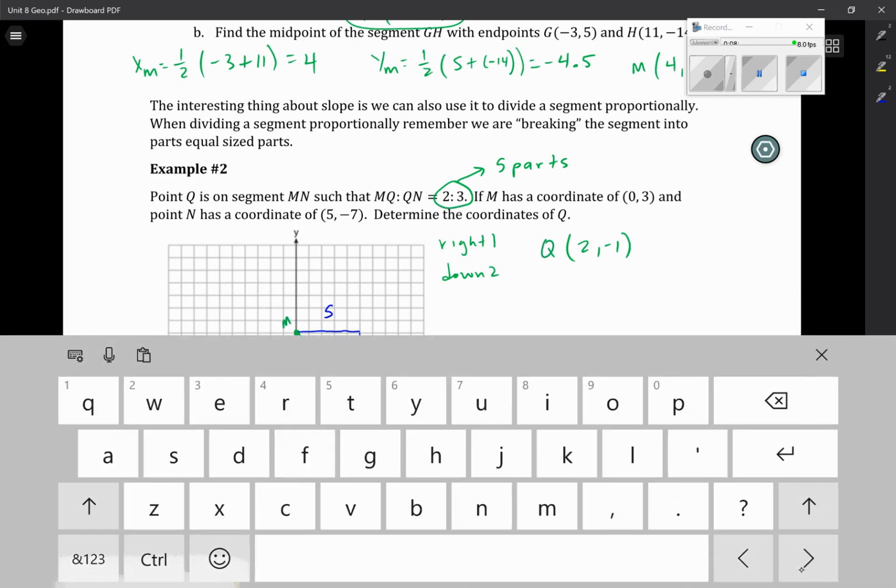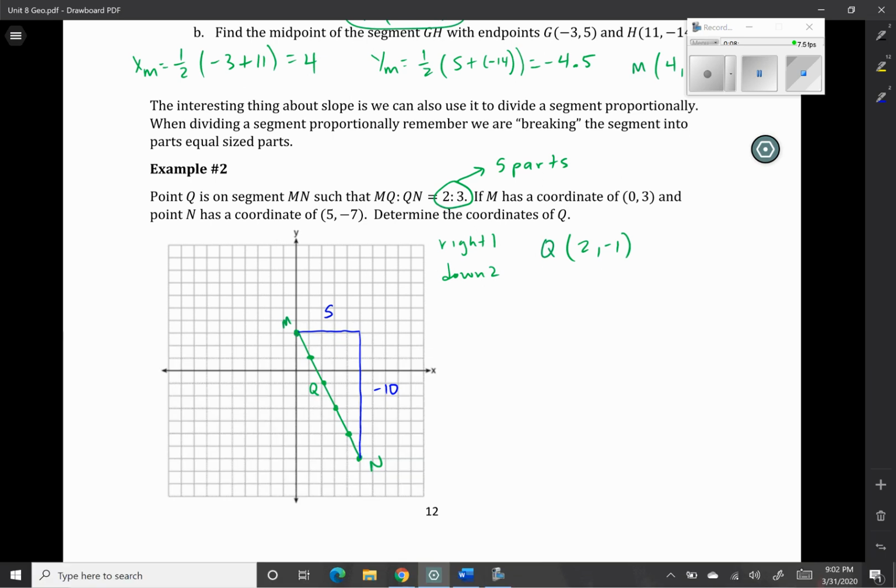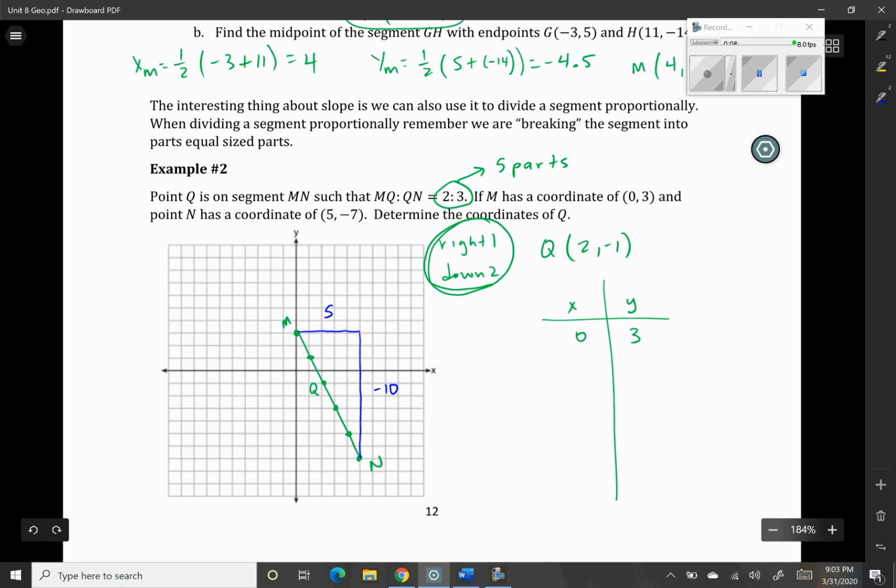So I'm going to make a quick table of values here. I'm going to start with the first point that they gave me, point M, 0, 3. And these are the x values and the y values of the point. Now this concept of right 1, down 2 is going to be important here.